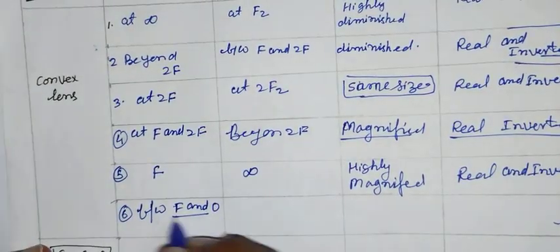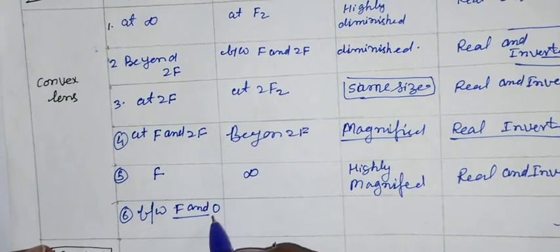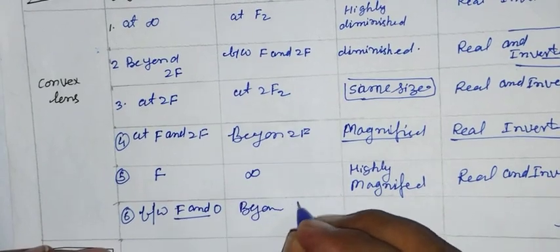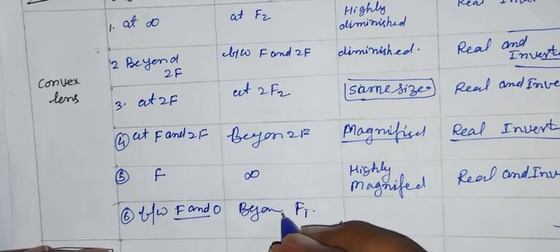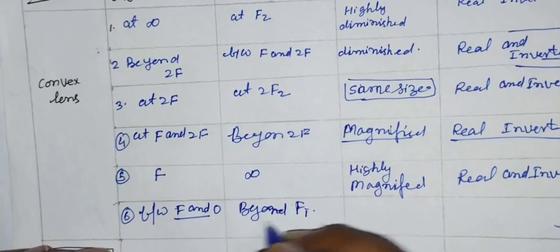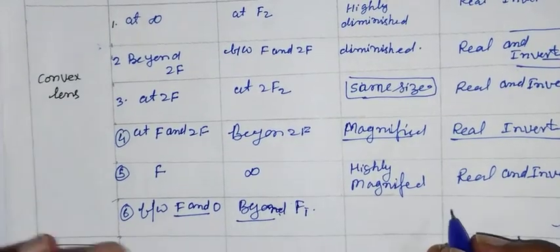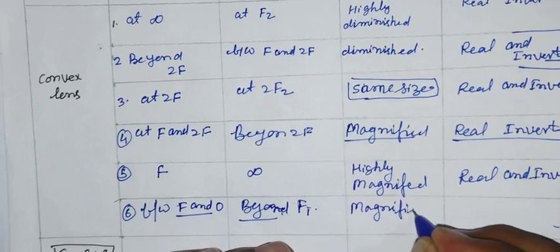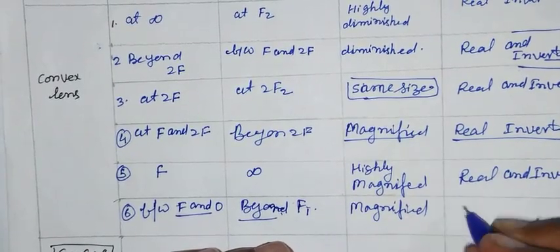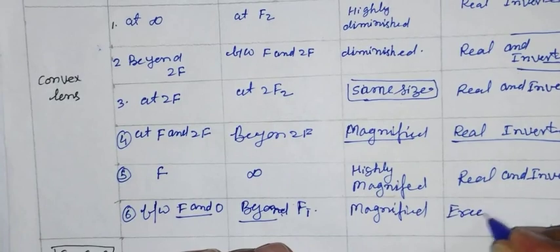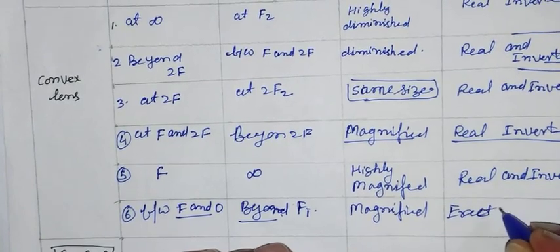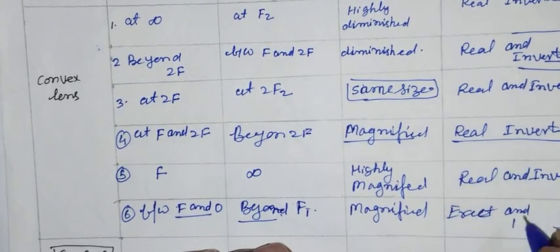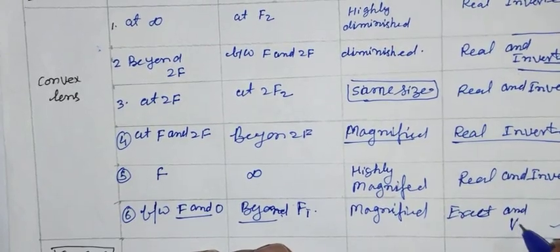So if the object is between F and O, it forms beyond F1, on the same side. Larger in size, we may write magnified. It is erect and virtual.